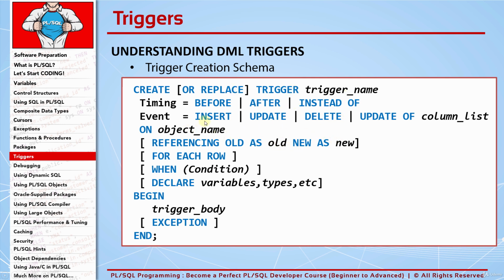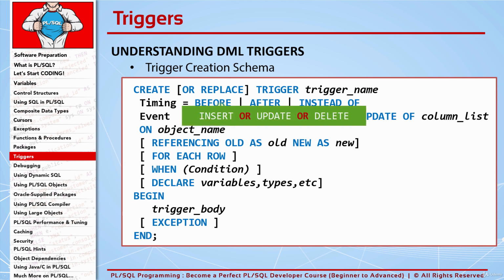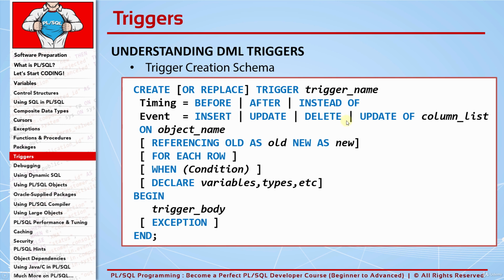But you can select more than one with the same trigger. I mean, you can say to your trigger that execute when any update or delete or insert happens. If we want to select multiple, add the or keyword between them. So we can select one of them or two or three of them. But we cannot select update and update of events together in one trigger.